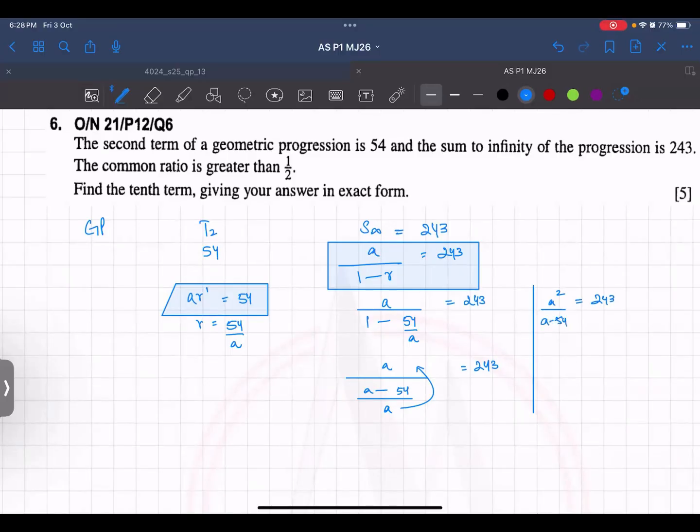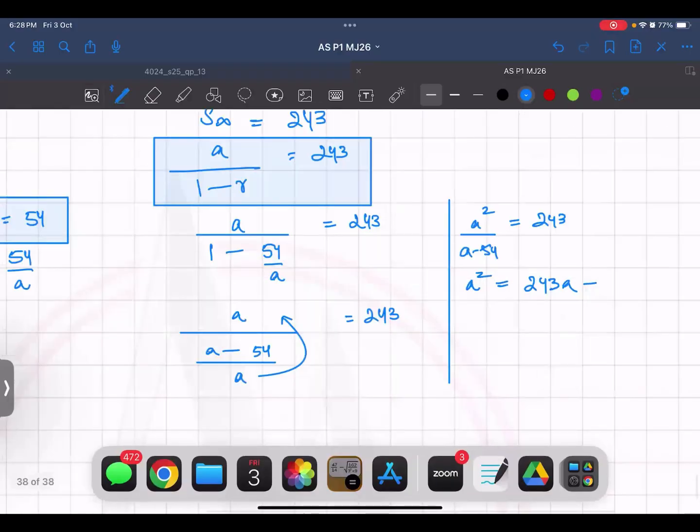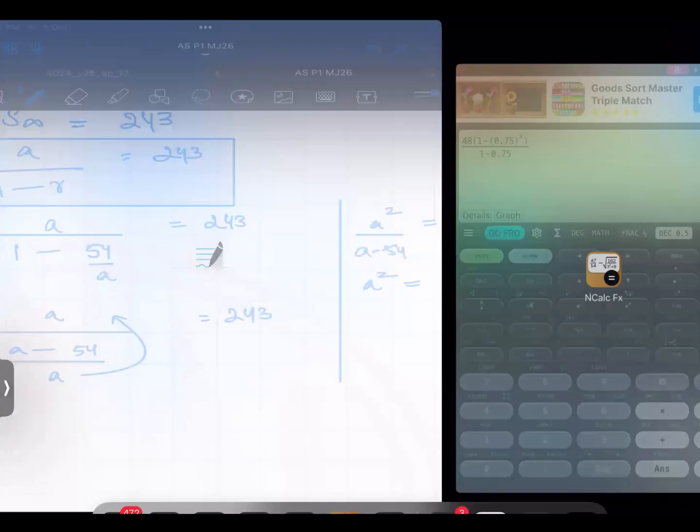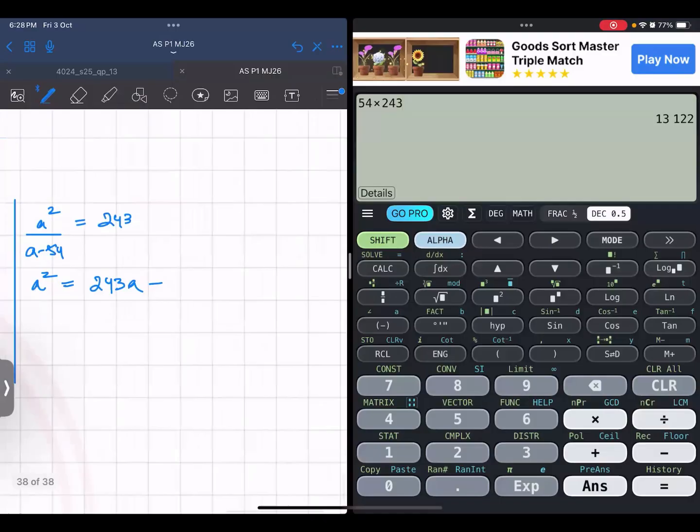A minus 54 would go over there and multiply. So 243A minus 54 times 243, 13122. Now move everything to one side. So A square minus 243A plus 13122 is equal to 0. Solve them.